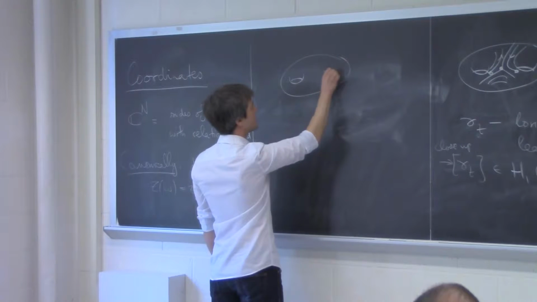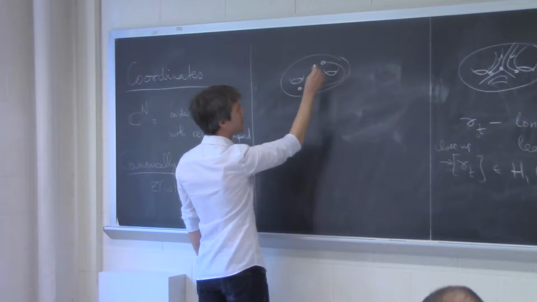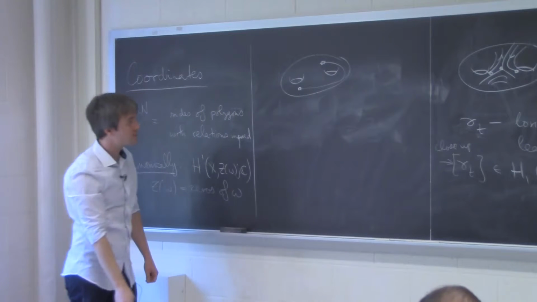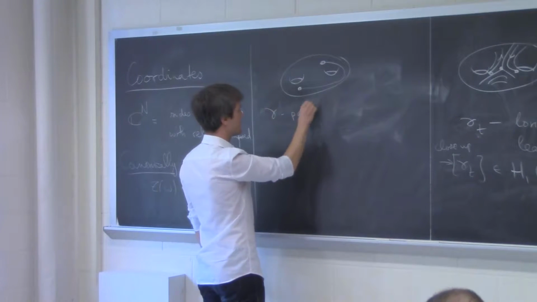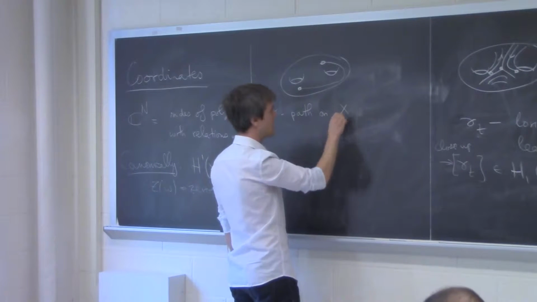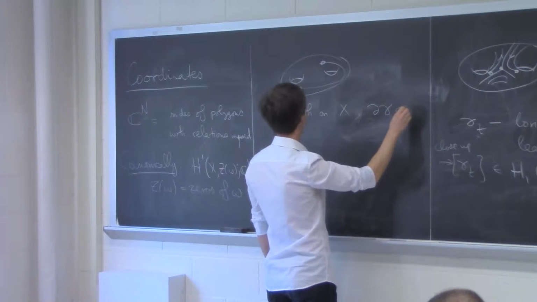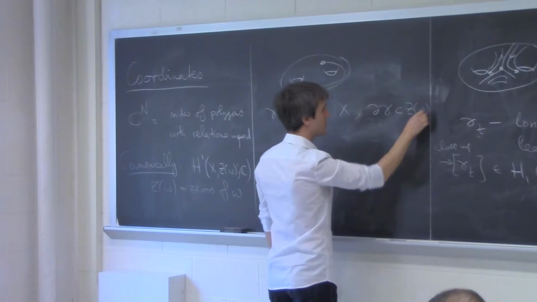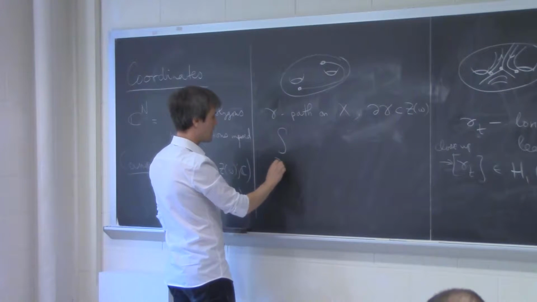If you draw a path on your surface, so if gamma is a path on X such that the boundary of gamma is contained in the zeros of omega, then you can just take the integral over gamma of omega.